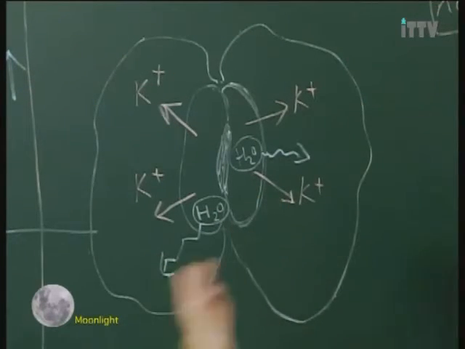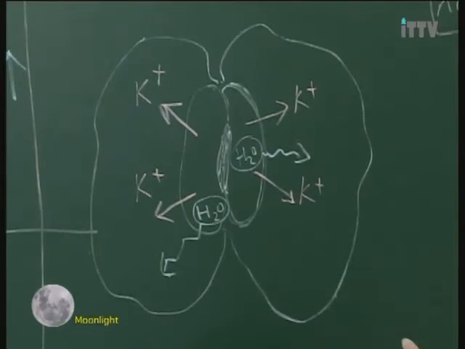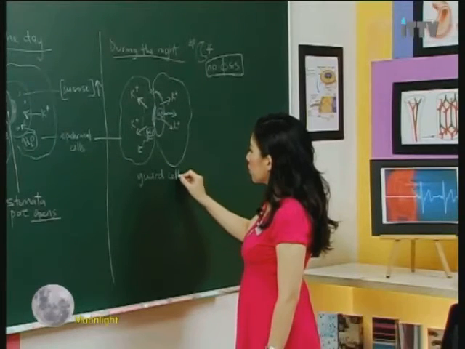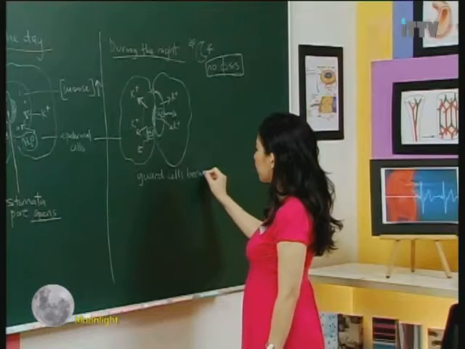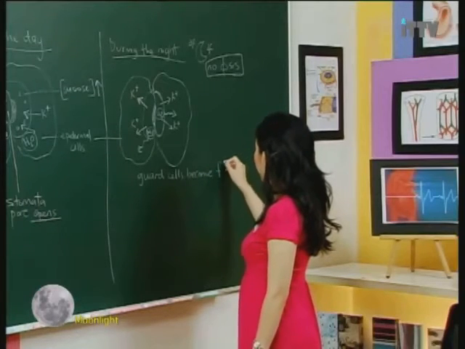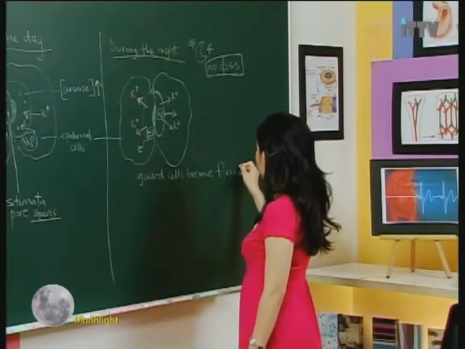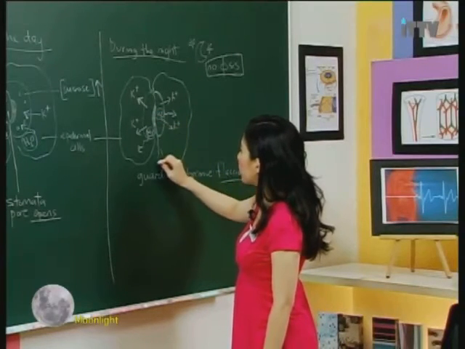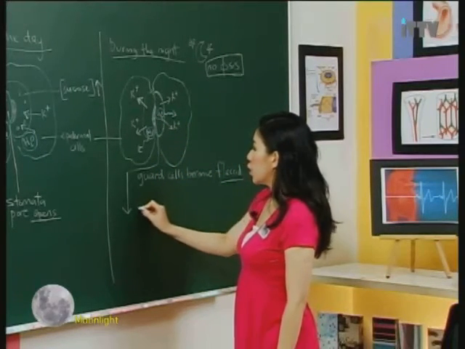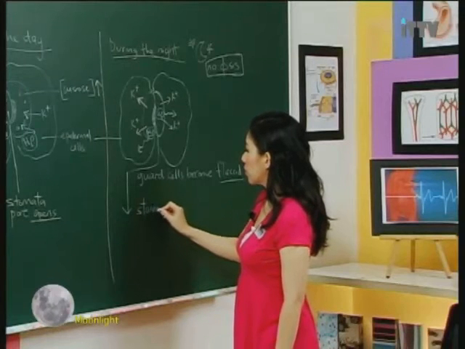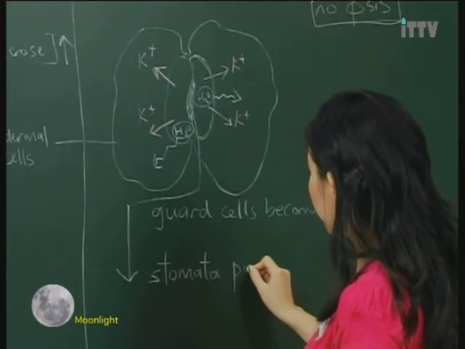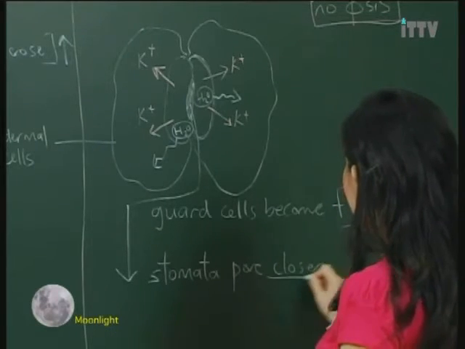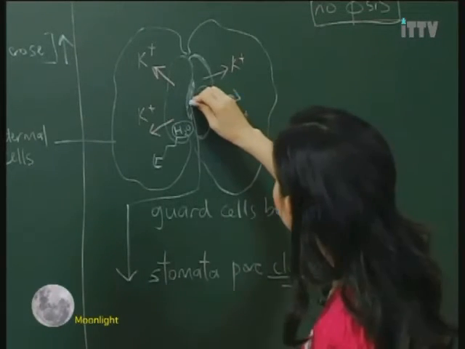So water molecules move out, and the guard cells become flaccid. Flaccid, like no energy. And as a result of that, you would notice that the stomata pore closes. So the stomata pore closes as a result.